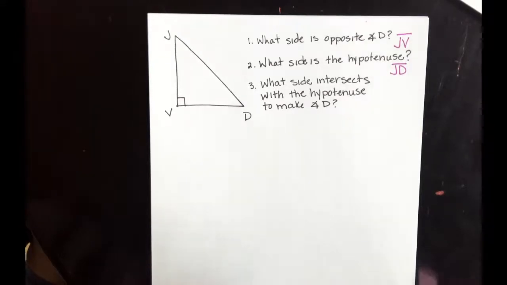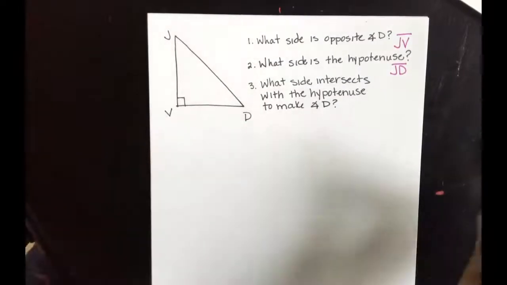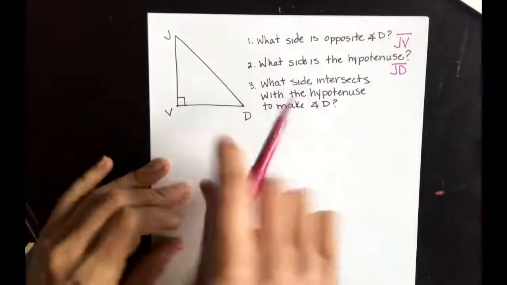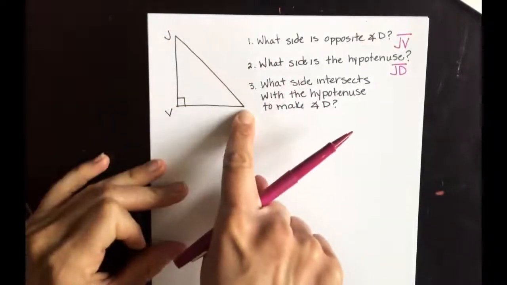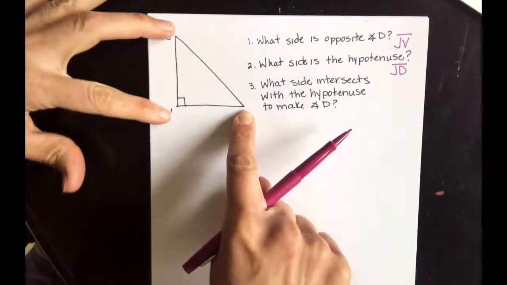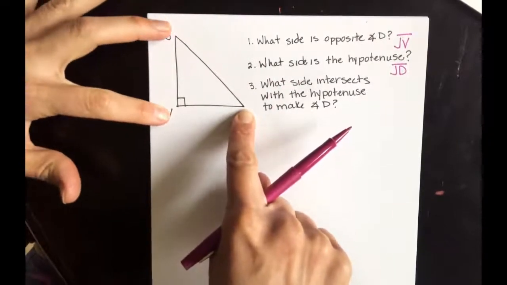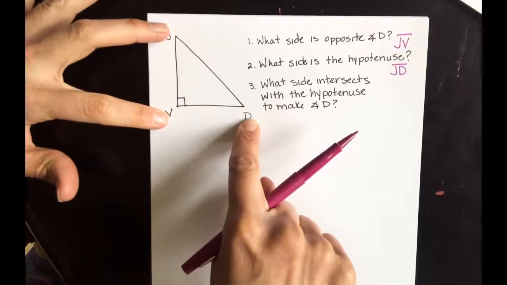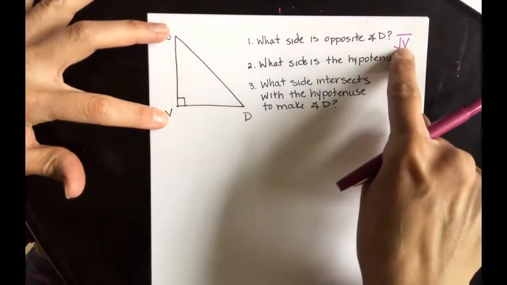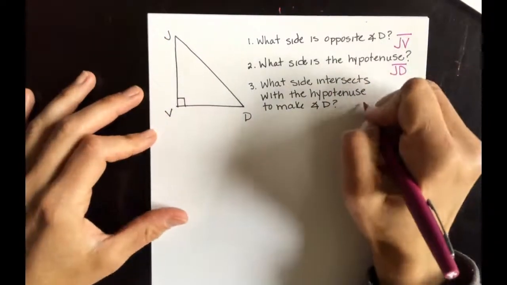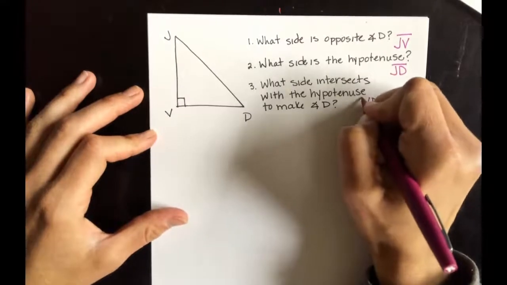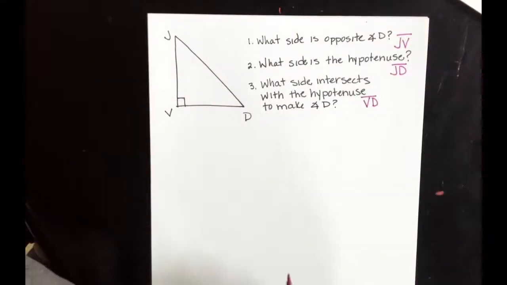Very good. We do have line segment VD, and it kind of is a process of elimination. If we can already identify where the hypotenuse is, and we can already see what side is opposite, meaning it doesn't have the same letter as the angle we're talking about, the only one left is this guy here, VD.